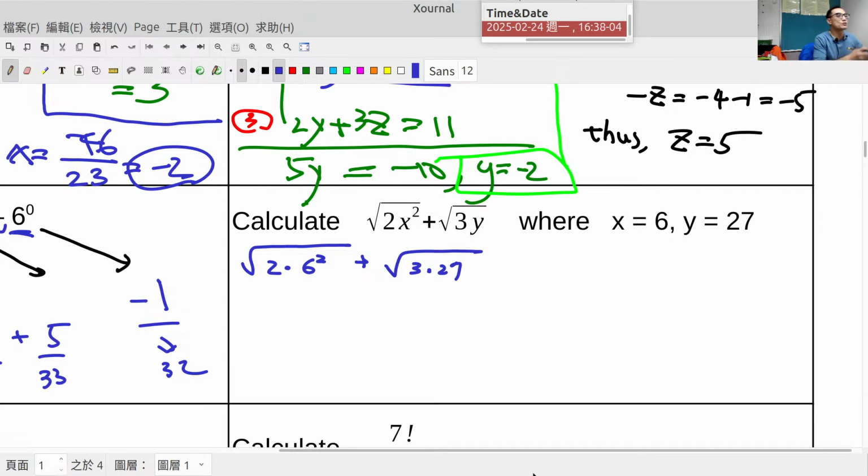Okay, and the first one, this one, because that is a multiplication inside the square root, this one can be extracted and cancel the square root. Thus, this one becomes 6 square root 2. Okay, this one is this one. Get it?